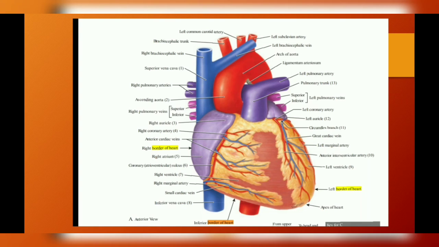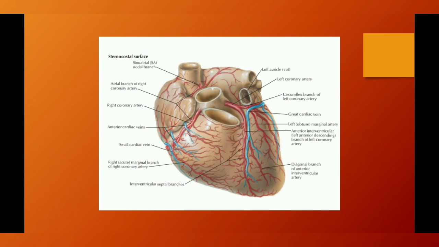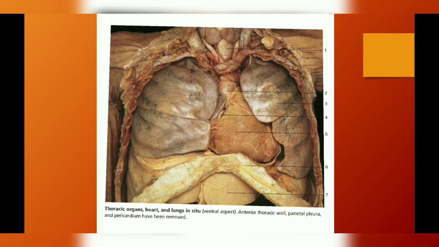Medial to the apex lies a notch that is called incisura apicis cordis. At this border lie the right marginal vessels. Okay? So these are the thoracic organs, heart and lungs, ventral aspect.